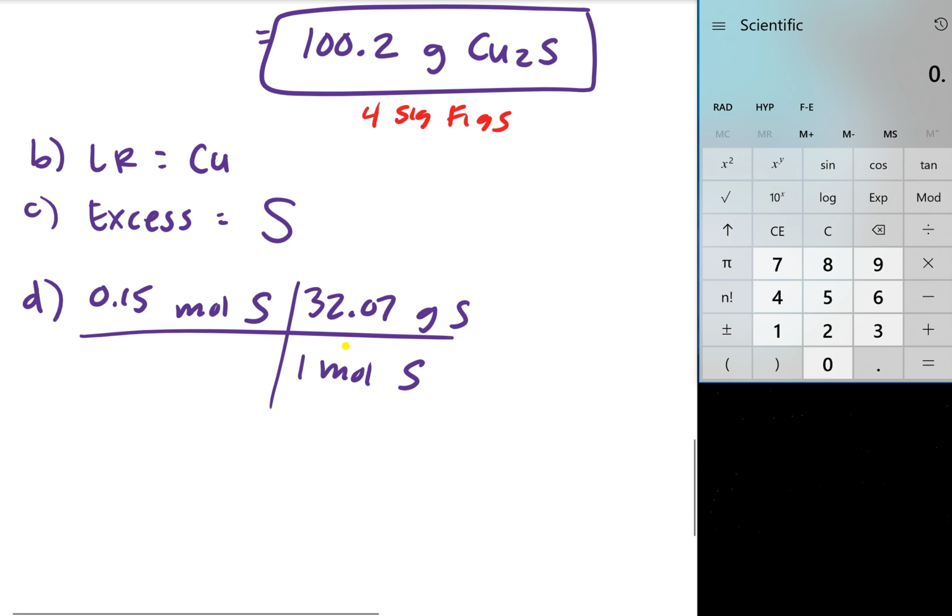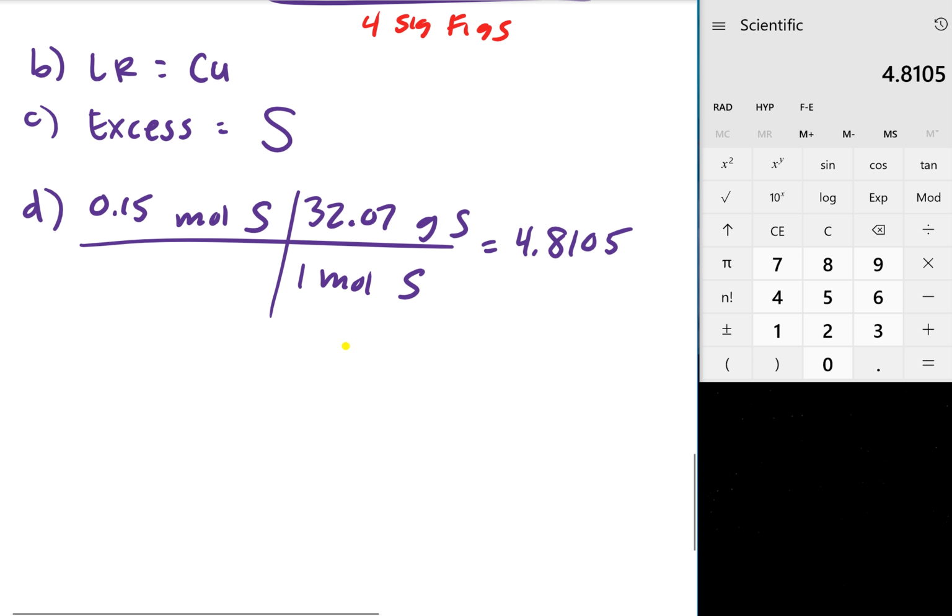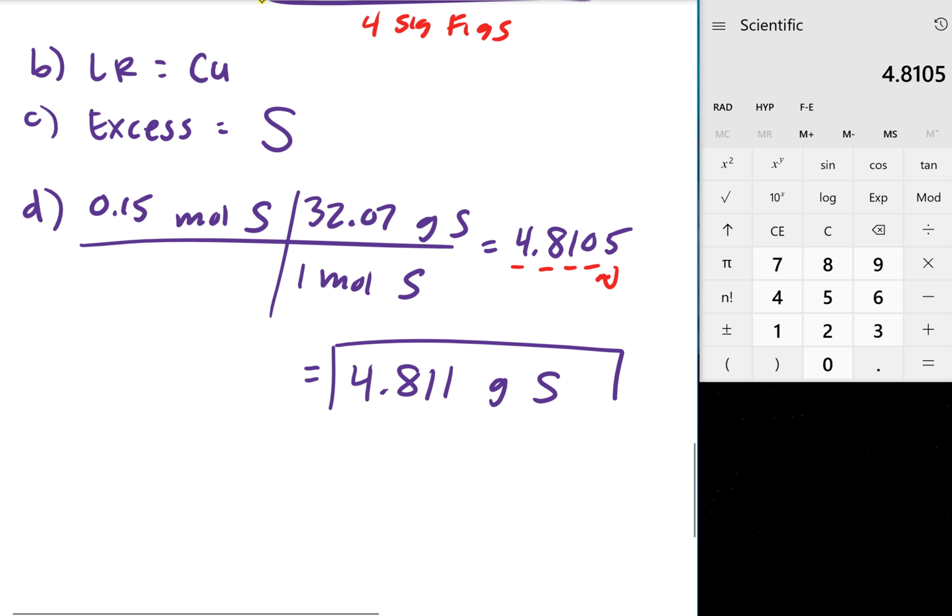So 0.15 times 32.07. You get 4.8105. Again, 4 sig figs for our final answer because our givens had 4 sig figs. So 1, 2, 3, 4. There's a 5, so you're going to round up. So your final answer is 4.811 grams of sulfur. That contains 4 significant figures.